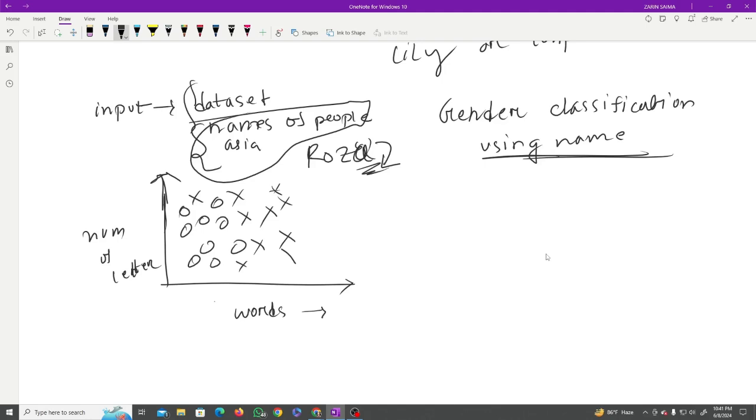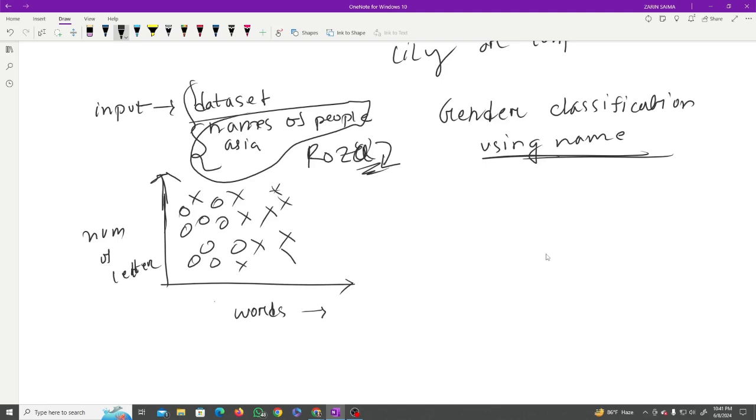So your model will be going through all this data, and after some performance you will get this kind of graph where you will see a decision boundary dividing the data.